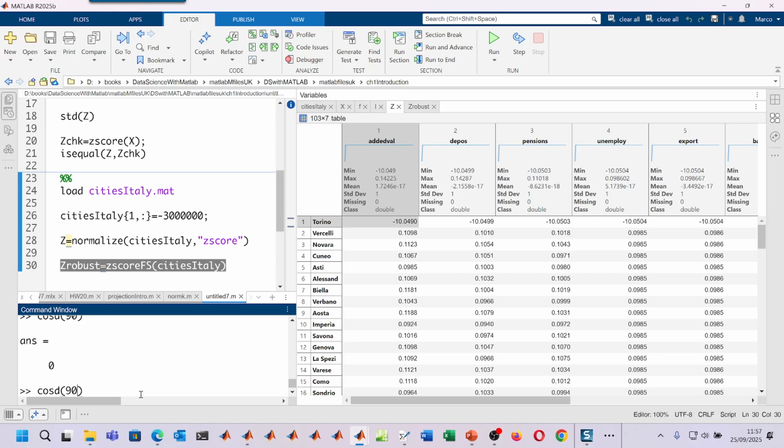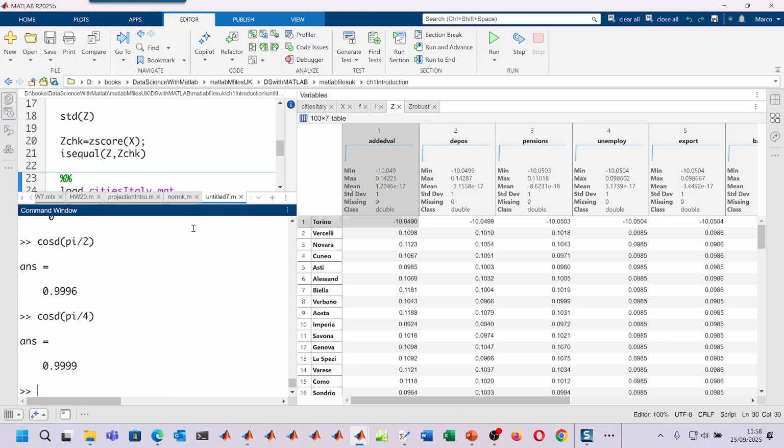So the cosine of pi divided by 2, where pi is 180 degrees, so the cosine of 90 degrees is the cosine of pi divided by 2, and it is 0.